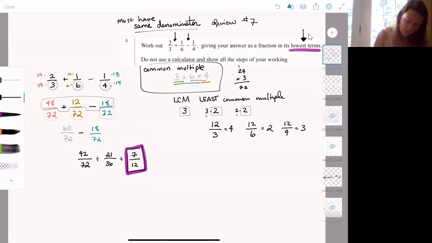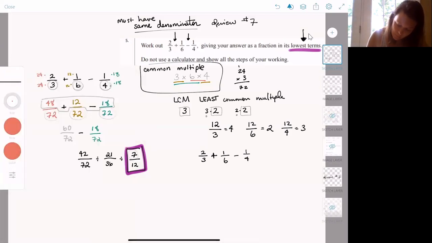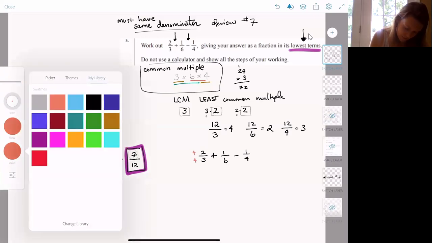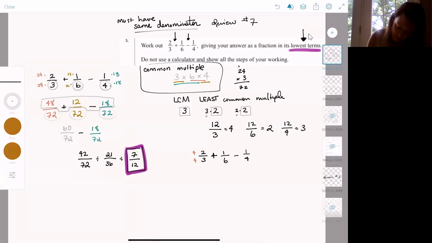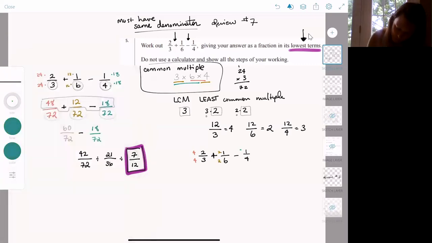Okay, so that's what I need to do here when I've got 2/3 plus 1/6 minus 1/4. Again, I'm going to go through the exact same method as before. Here, I'm going to multiply by 4, top and bottom. Here, by 2, top and bottom. Here, by 3, top and bottom.